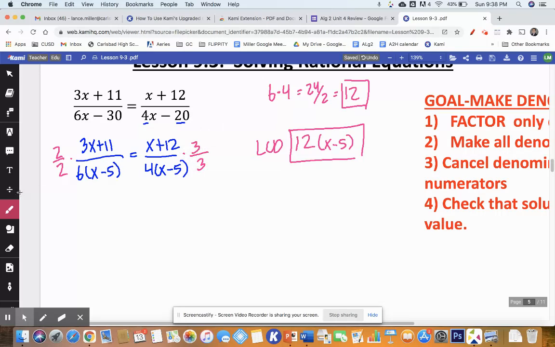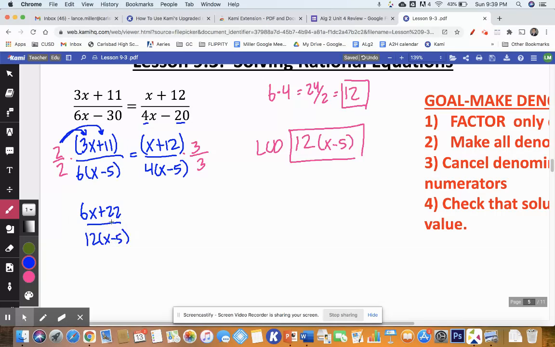Okay, at this point, we are going to write out, we're going to distribute the 2. That's why I put parentheses around that binomial, so you make sure you multiply everything by 2. 6x plus 22 over, now again, we've created the same denominator.